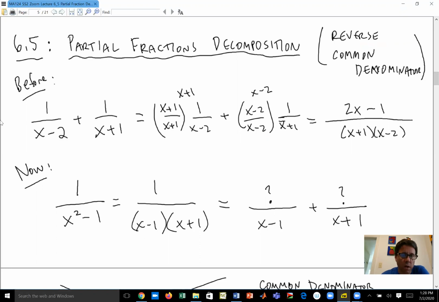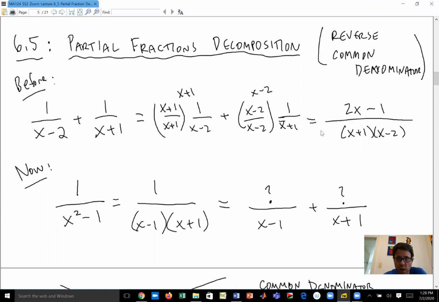So when we did common denominator back in algebra, it's combining two fractions, 1 over x minus 2 and 1 over x plus 1. We did this trick of multiplying by 1 twice, and so that just means multiply the top and the bottom by the same thing. In the first one, it's x plus 1 on top and bottom. The second one, it's x minus 2 on top and bottom.